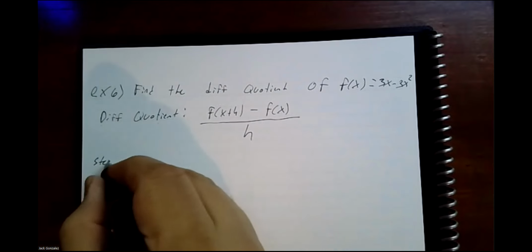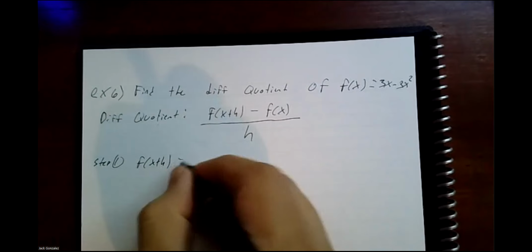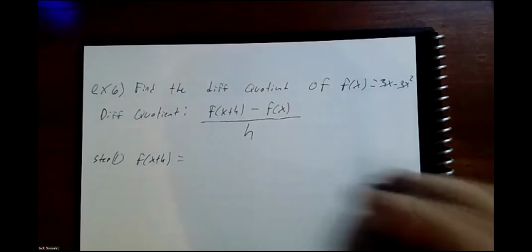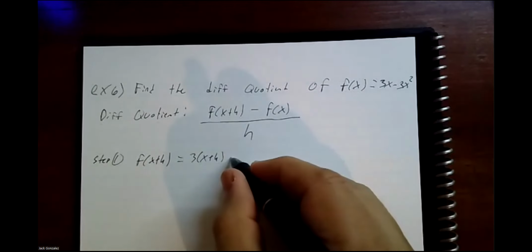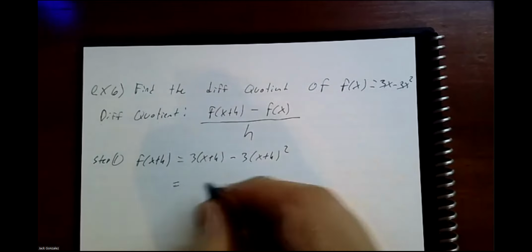So step 1, f of x plus h. Let's do that first. Remember how we said that just means you plug it in. Don't overthink it. Just plug it in. Distribute 3.